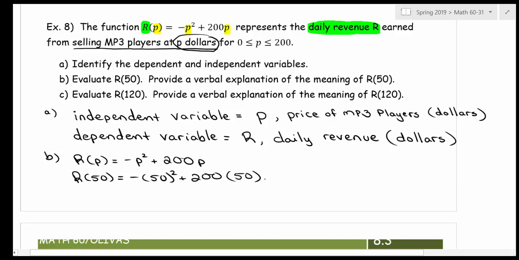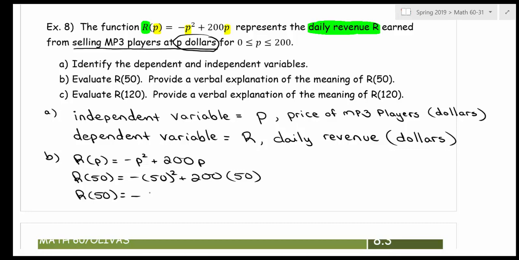Alright, so let me check and see what this comes out to. I'm going to go 50 squared and I got 2500. So R of 50 is going to be equal to negative 2500. Remember, it has to remain negative because the negative is outside of the parentheses. The negative is not being raised to the second power.